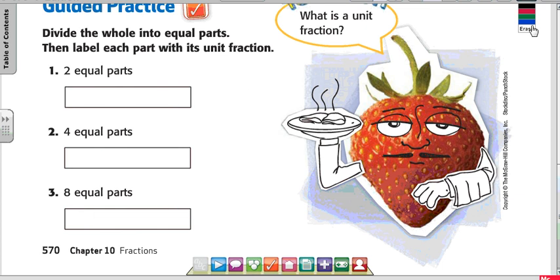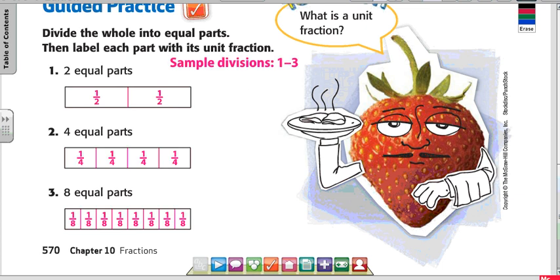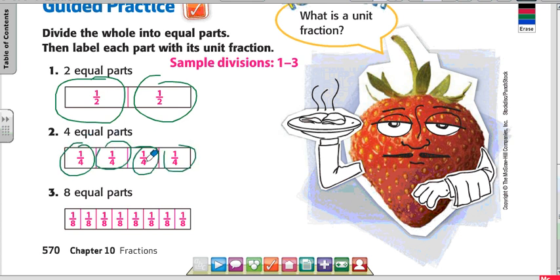It looks something like this. See that? So number 1, I have 2 equal parts with 1/2 and 1/2. I have 4 equal parts with 1/4, 1/4, 1/4, 1/4, and this one I need 8 with 1/8 on each one.